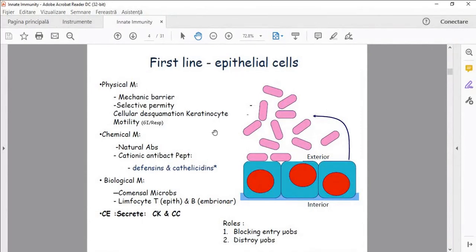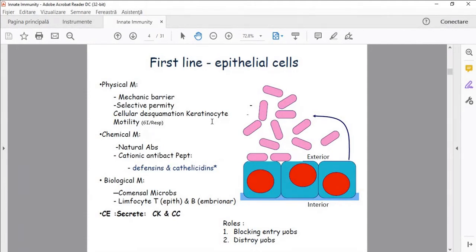So also at the level of barriers, we can find lymphocytes, a particular type of T lymphocytes, which are disposed intraepithelially, and this particular type of lymphocytes has a particular structure of their receptors, TCR, T cell receptors.